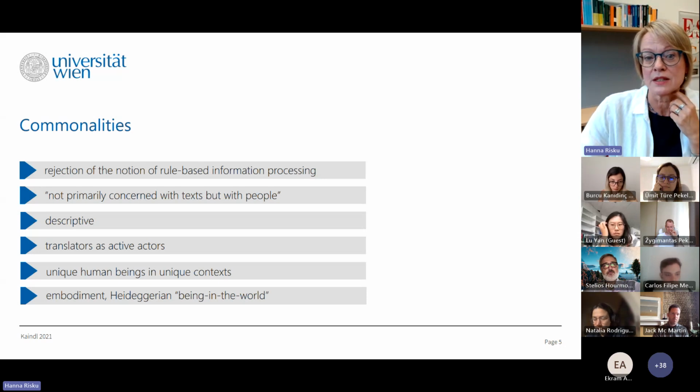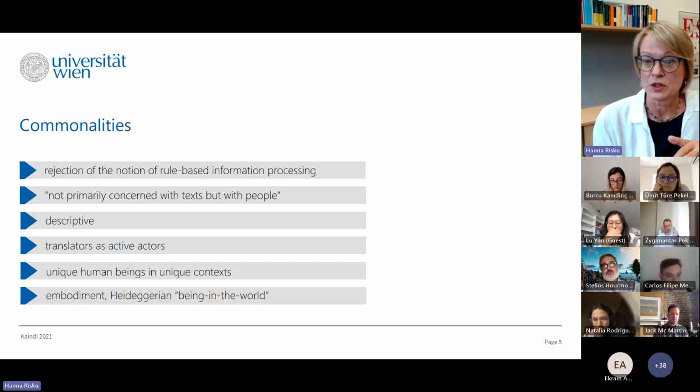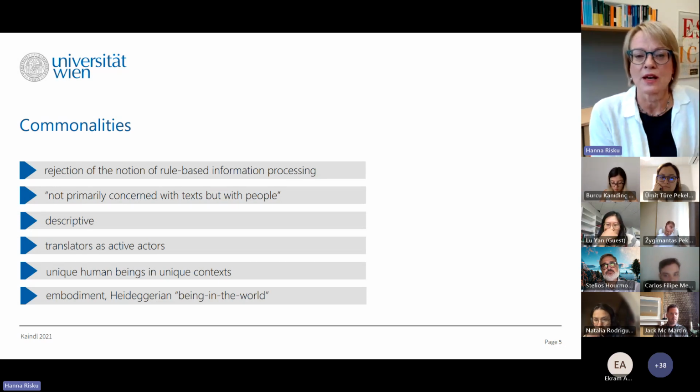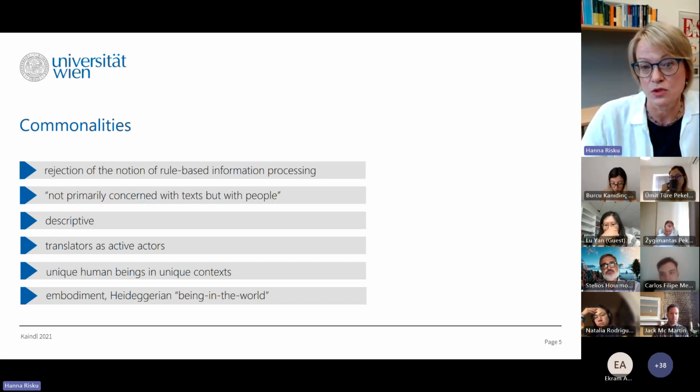They all assume that the choices made by translators cannot be sufficiently explained by an analysis of purely textual data, such as comparison of a translation with the source text or of different translations of the same text. So you cannot know why and how exactly this text was produced in that way.